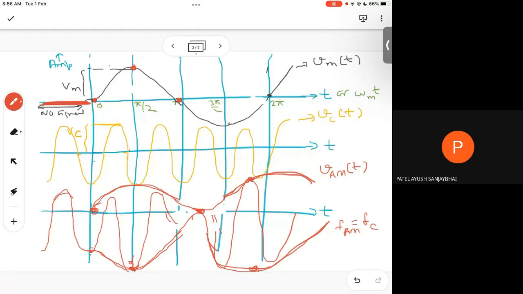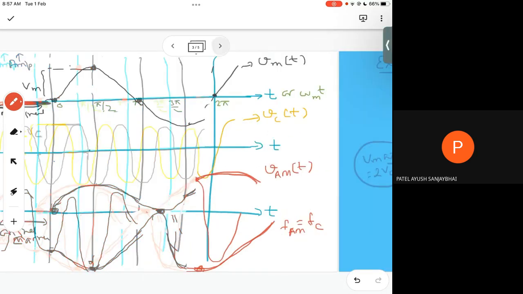Here in this case, it is not modulated at all. Here it is only the original carrier, because there is no modulation, no message signal. So no modulation takes place and it remains as the original carrier in this particular time period. So this is the third one.